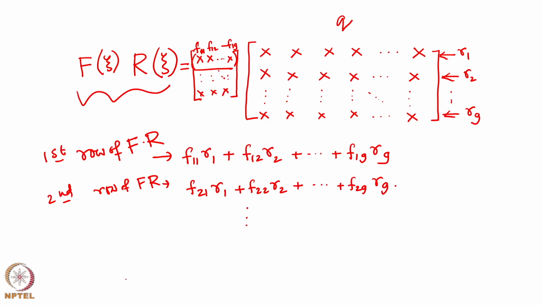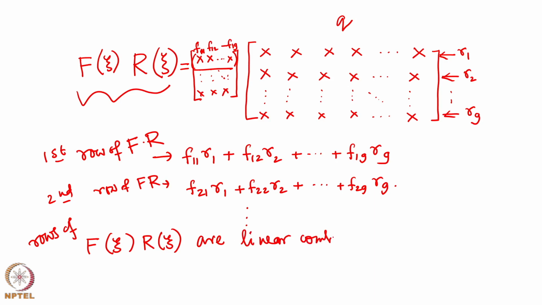So, in fact, it turns out that every row of F(xi) R(xi) is a linear combination of the rows of R. So simple, isn't it?